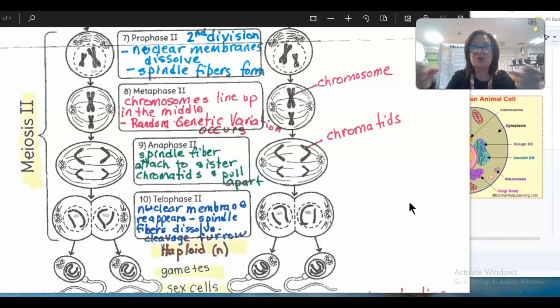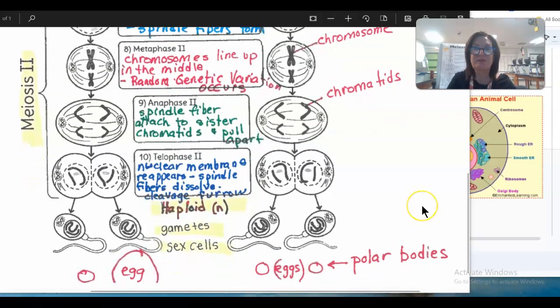So then I go to telophase, and in telophase, the nuclear membranes are going to reform, my spindle fibers are going to disappear, and you will see the cleavage furrow, right? And these will now be creating haploid cells, which, if you recall from the vocabulary we did, have half the amount of chromosomes.